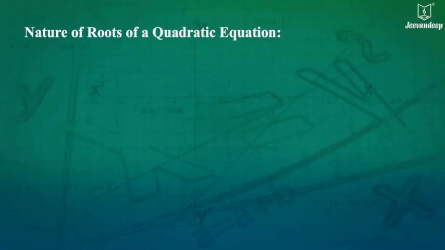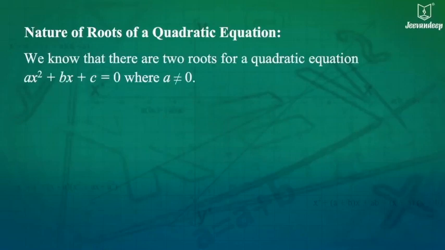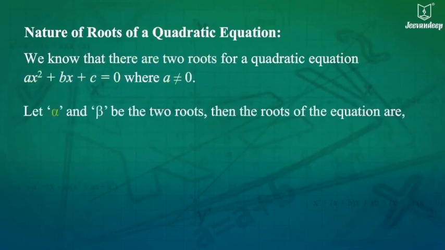Nature of roots of a quadratic equation. We know that there are two roots for a quadratic equation ax² + bx + c = 0, where a ≠ 0. Let alpha and beta be the two roots.